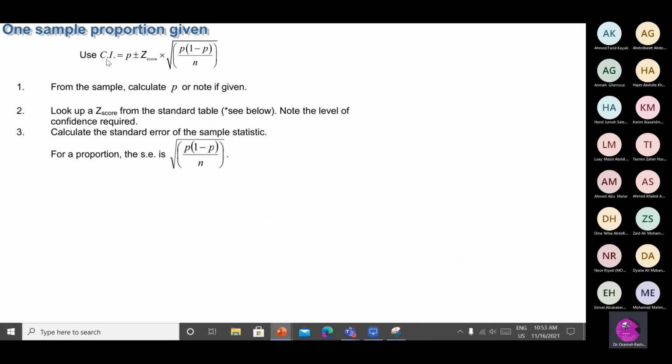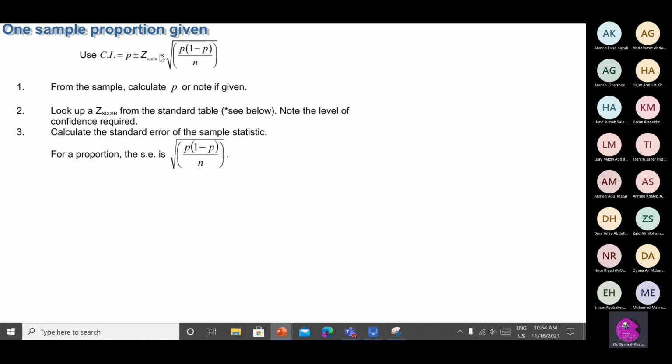And the confidence interval will be, instead of the mean, I will have the proportion plus or minus z score. If you are in the left, it will be z alpha over 2. If you are in the right, it will be z 1 minus alpha over 2. It doesn't matter because z is symmetric. Once you have one, you change the sign, you will have the other one. Also, t is the same.